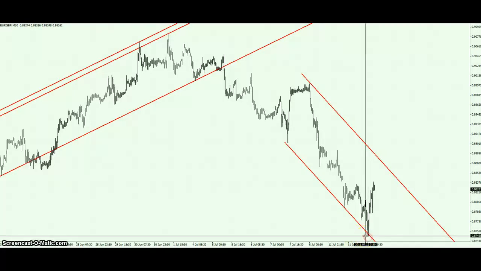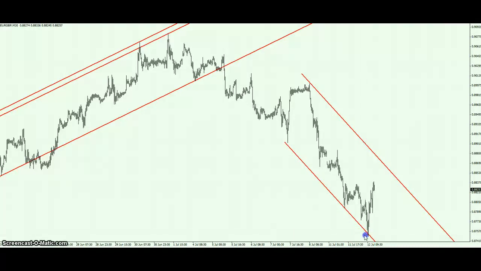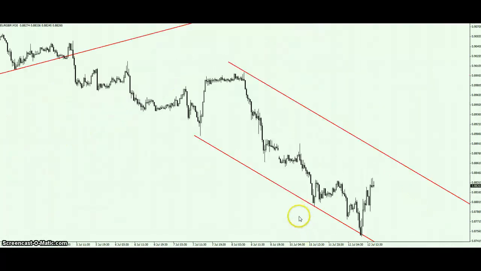But the price came to a stop here at that 87.50 area, and one of the things that we notice is that if we had just connected the lower trend lines, then there's a possibility that we could have identified that 87.50 is a price that we don't want to be selling at.